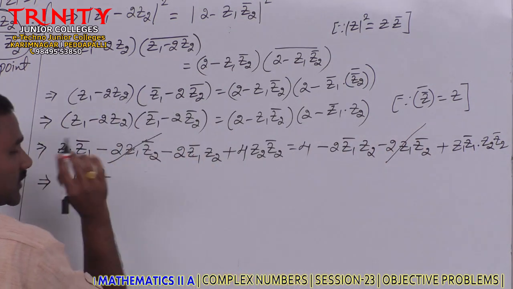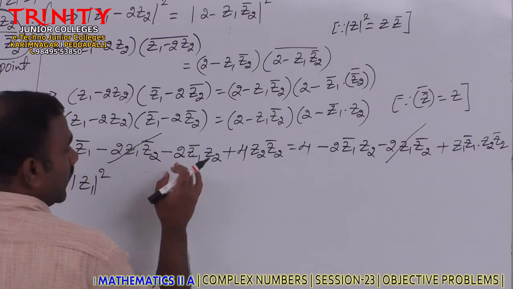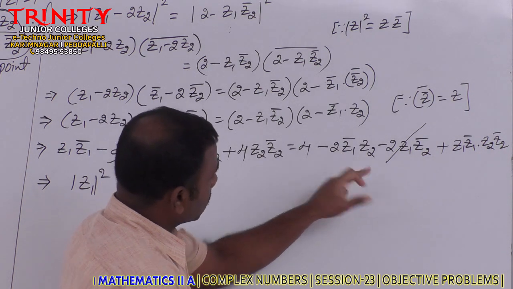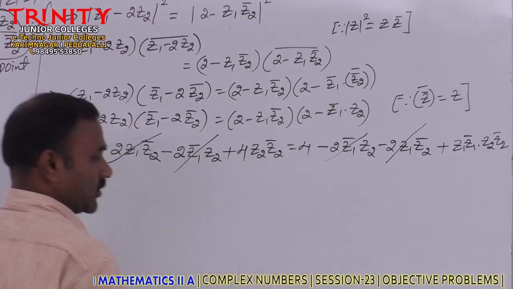These two are similar terms, that's why they cancel. And minus 2 Z1 bar Z2 minus 2 Z1 bar Z2, these two also cancel.